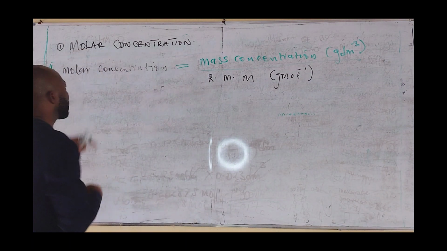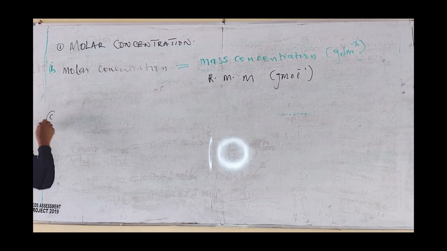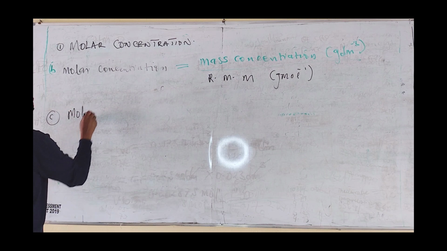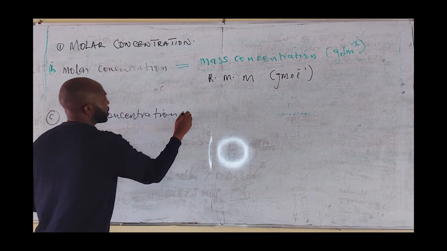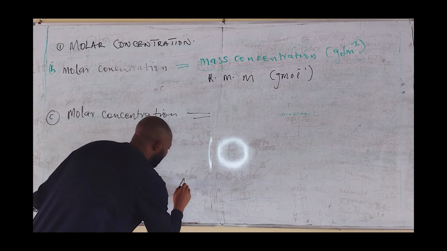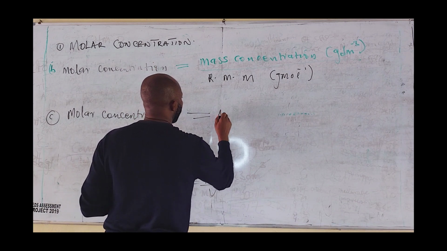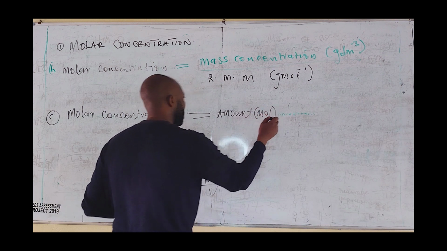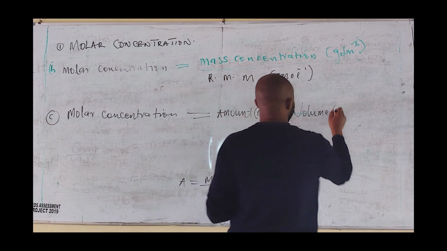That is our second formula on molar concentration. That's C. Molar concentration is equals to amount in mole over volume in dm³.